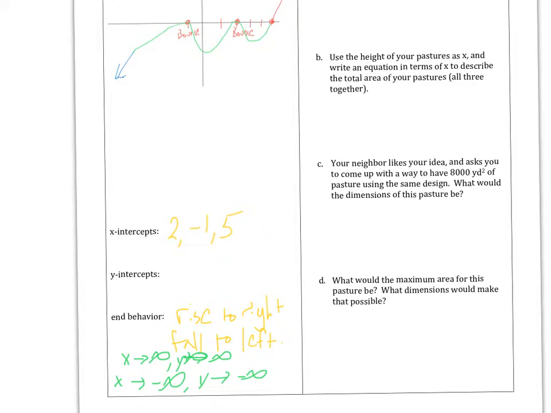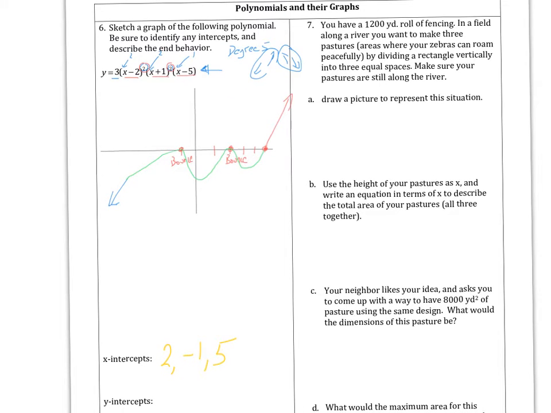That does leave the y-intercept, and to do that, we've got to look at our equation and try plugging in 0 for x. So for the y-intercept, we got y is equal to 3 times (0 minus 2) squared, (0 plus 1) squared, and (0 minus 5). Okay?